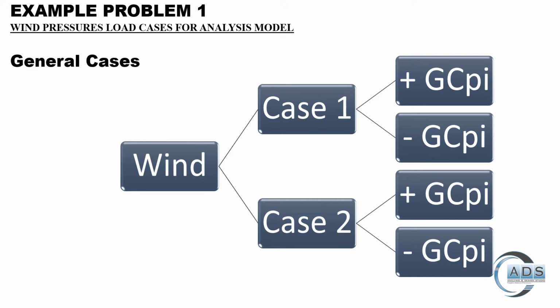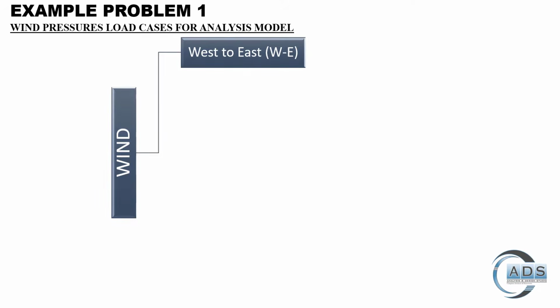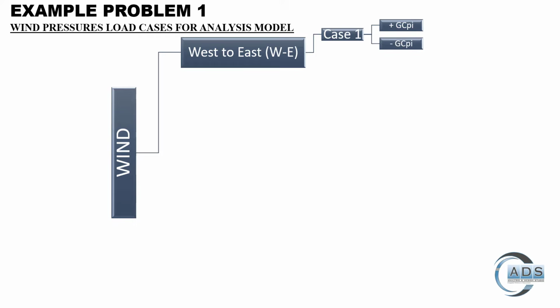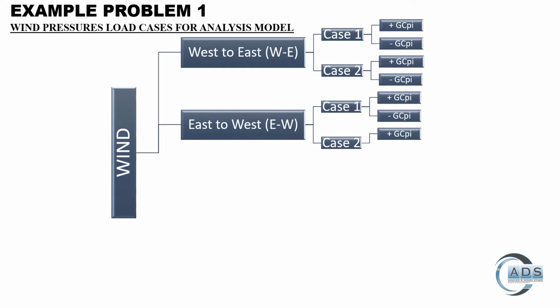This is for a general wind direction. And how many directions do we have? 4 directions. How? Let's take a look. For wind from west to east, there is a case 1 with positive GCpi and a case 1 with negative GCpi, so there are 2 load cases here. Similarly, for case 2, there are 2 load cases as well. Similarly, for wind from east to west, there are 4 cases as well.